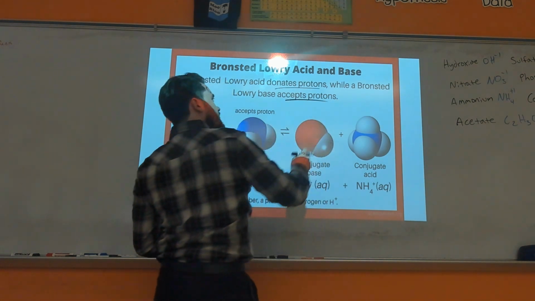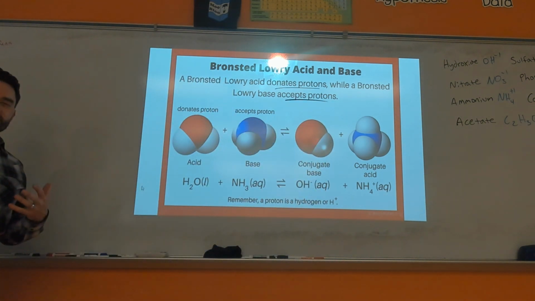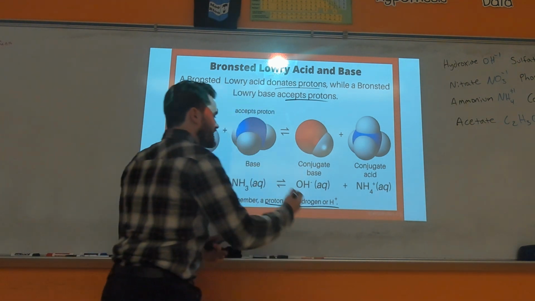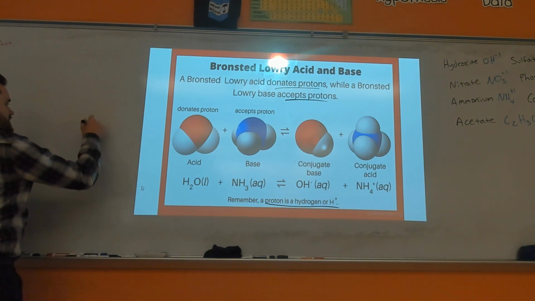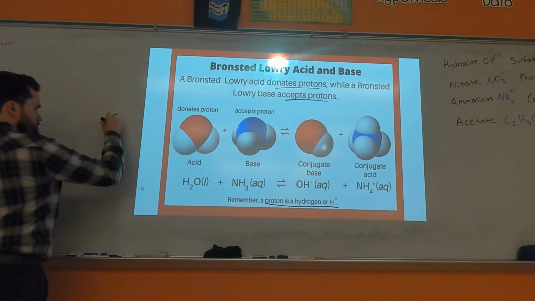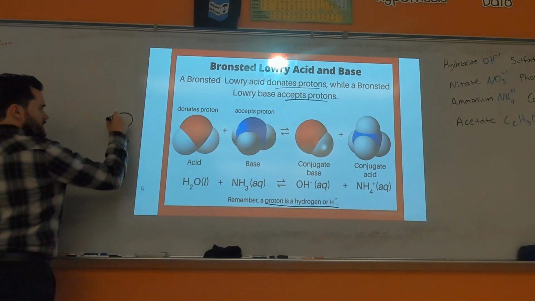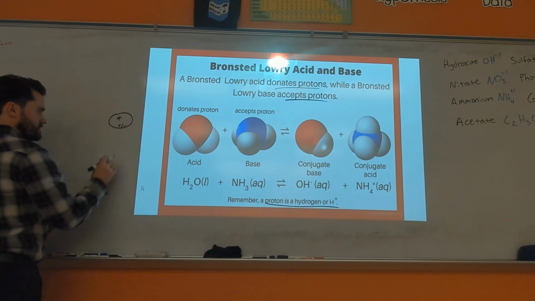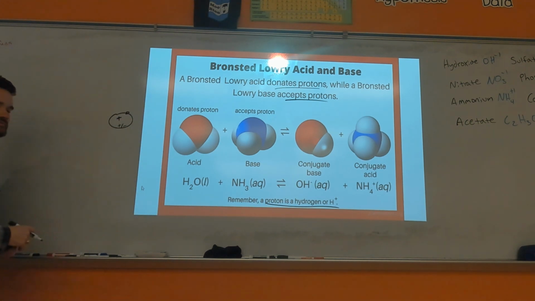Now, if you're wondering what's the relationship between Arrhenius and Bronsted-Lowry? Well, consider this: a proton is just an H plus. Because if you think of the Bohr model of a hydrogen atom, it would just have one energy level. You would have a proton and a neutron, and then just one electron.